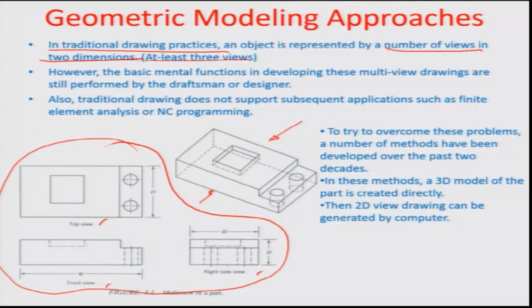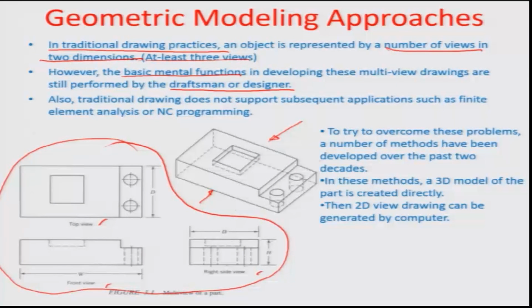In order to draw the top view, front view or side view by looking at a physical object, a lot of basic mental functions are applied. And when we are talking about an intelligent approach of modeling all this in a CAD profile, we must be able to give that programming logic. The basic mental functions are still involved, which is done by a draftsman or a designer to figure out from a 3D shape how the respective views would look.